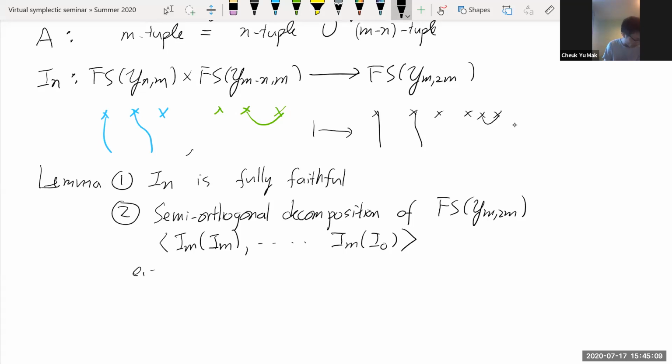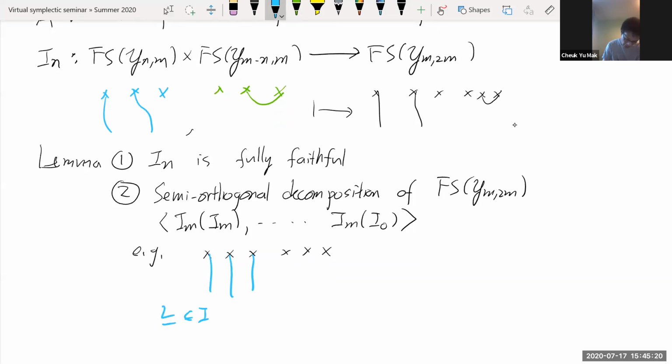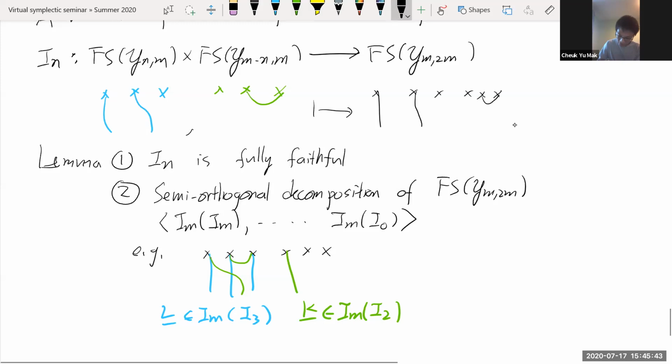So for example, if we consider L, which is lying inside the essential image of I3, and we consider another Lagrangian, say like this, which lies inside I2. So the subscript corresponds to how many Lagrangians you have on the left.